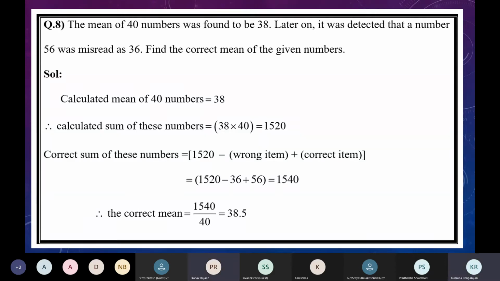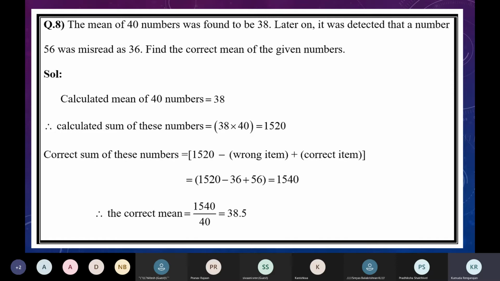Okay, fine. So children, using the n, which is 40, and the mean 38, the number of observations is 40 and the mean is 38. So the sum of the 40 observations will be 40 into 38, 1520.